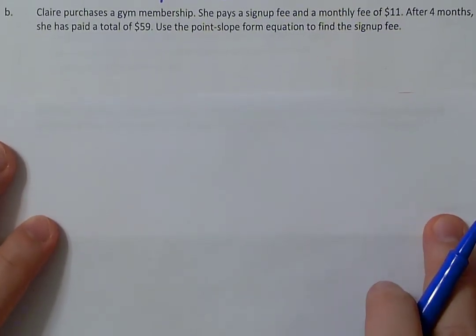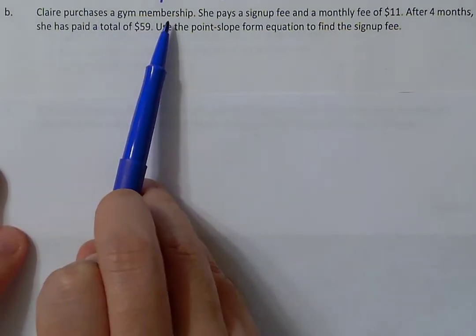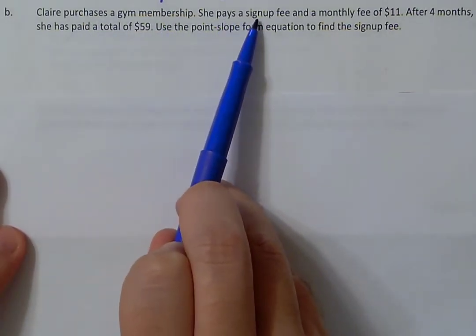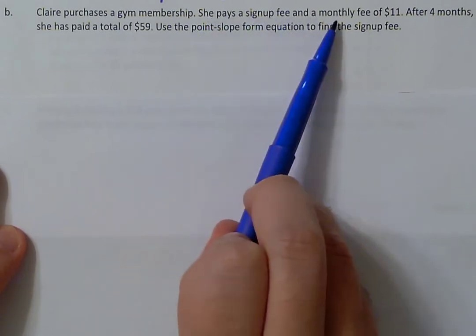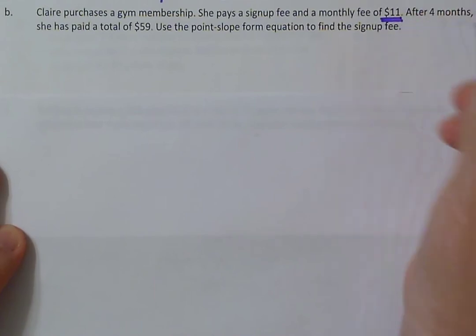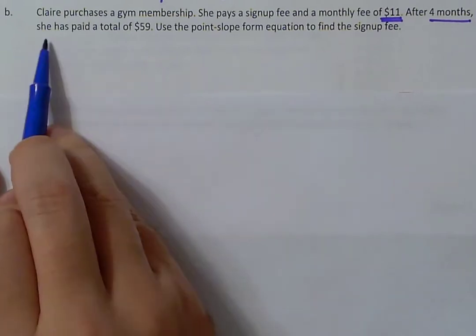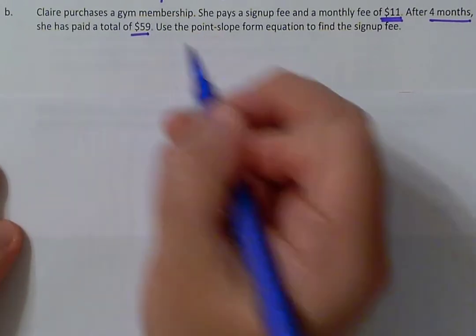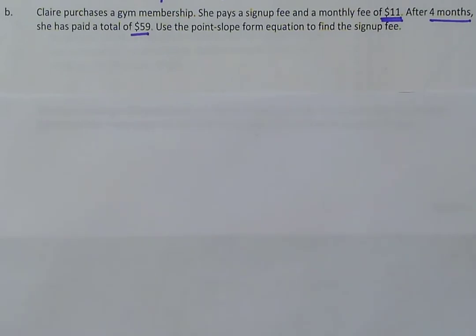All right, for part B, we have Claire purchases a gym membership. She pays a sign-up fee and a monthly fee of $11. After 4 months, she has paid a total of $59. We need to use the point-slope form to find the sign-up fee.